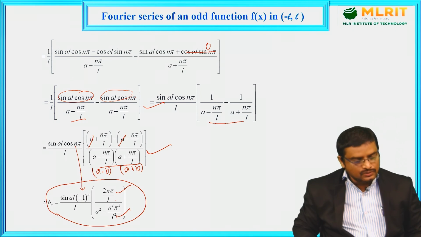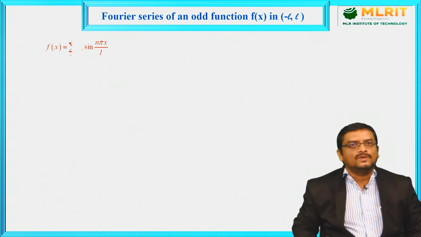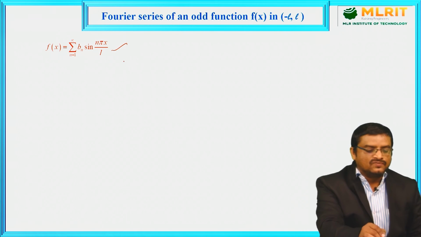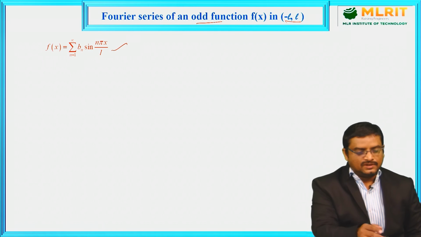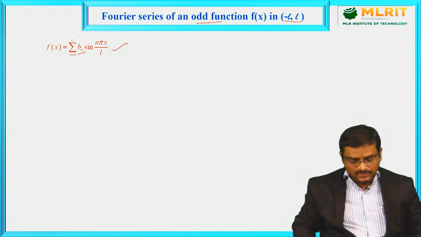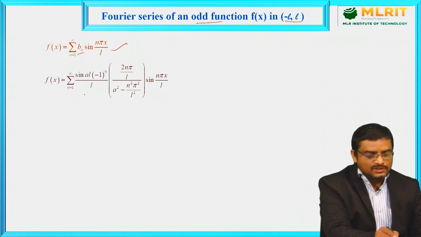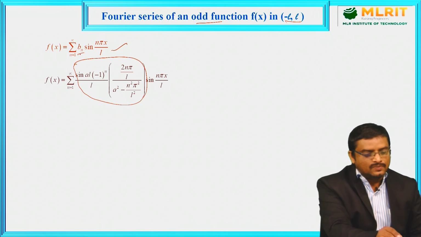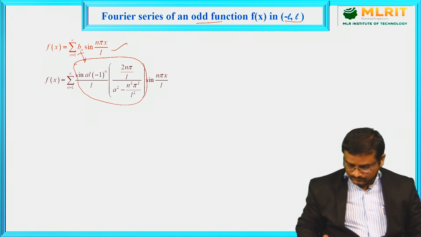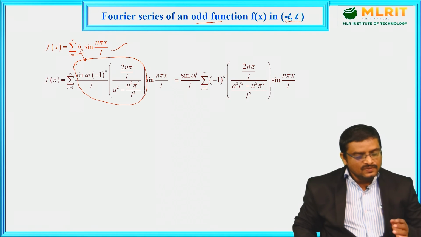Now you are ready to substitute this Bn value in the standard formula. So this is the formula we have considered for the Fourier series in the interval minus L comma L for an odd function. Now we got the Bn value, substitute that value here. So this is the Bn value we got in the previous step. I have replaced Bn with this value here. Now simplify this.